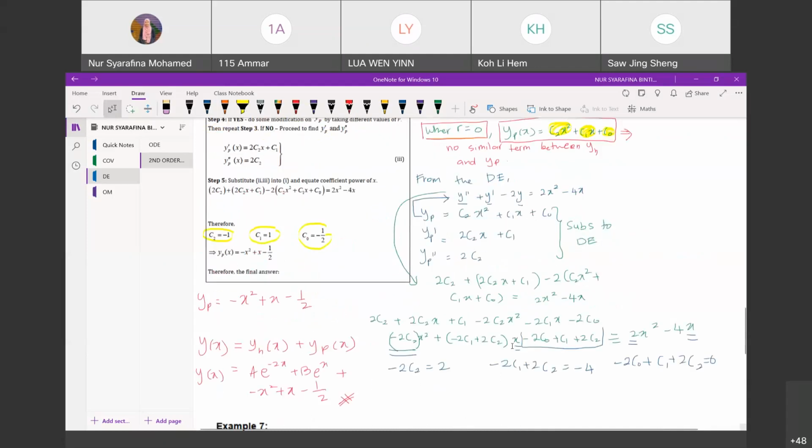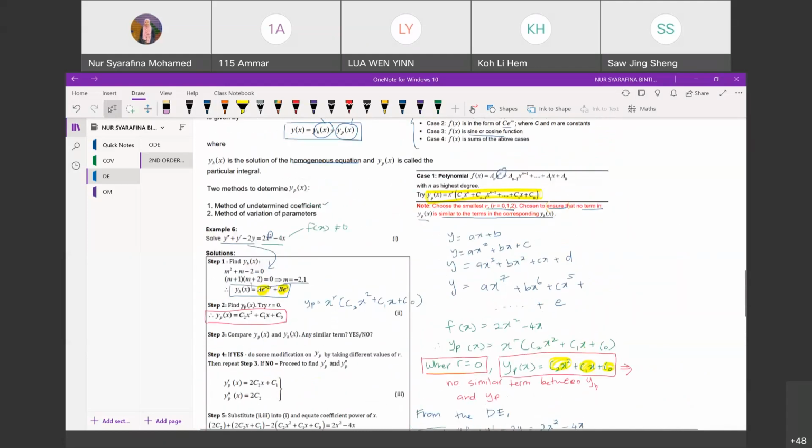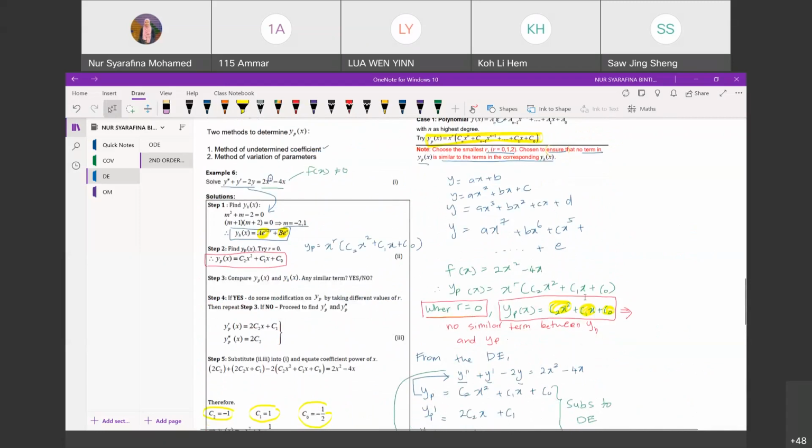Okay, let's take a look at the previous one. YH is A e to the minus 2x plus B e to the x. YP is c2x squared plus c1x plus c0. This is exponent, this is exponent, this is quadratic, this is linear, this is constant. So no similar term.